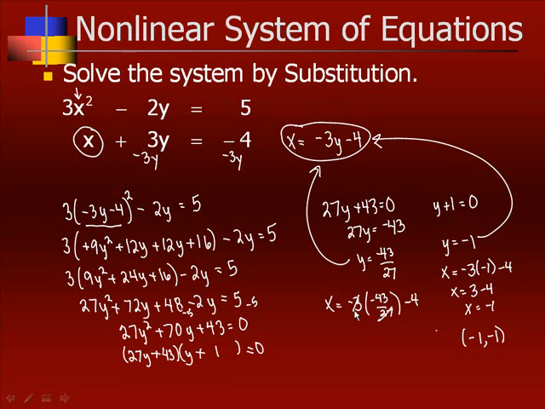Well, negative 3 and 27 will cancel to 1, 9. So a negative 1 times 43 would be 43 over 9 minus 4, but remember 4 is the same as 36 over 9, which would give us 7 over 9. So our second ordered pair would be x is 7/9, and the y value would be negative 43 over 27.